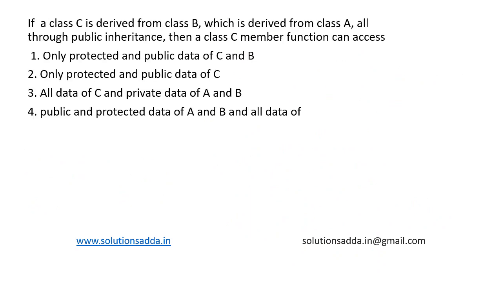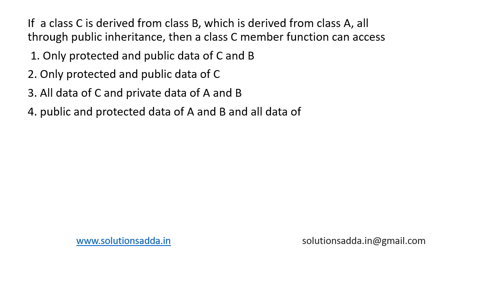This is a question from C++ programming. If a class C is derived from class B, which is derived from class A, all through public inheritance, then class C member functions can access, and 4 options are given. So first of all, let's summarize the different access types according to who can access them in this particular table.